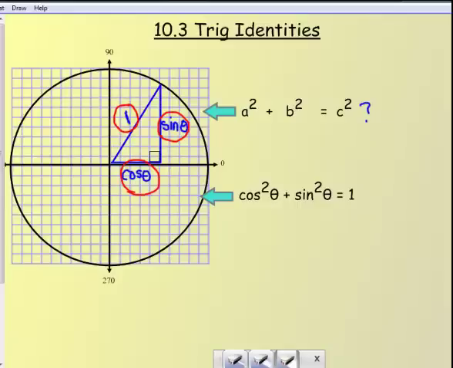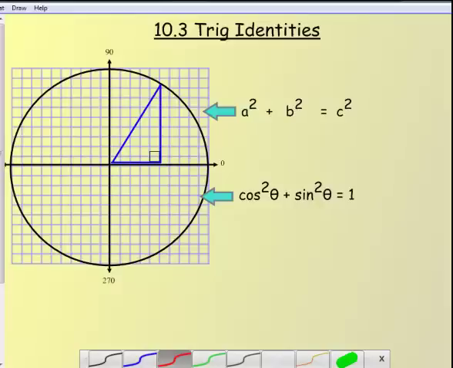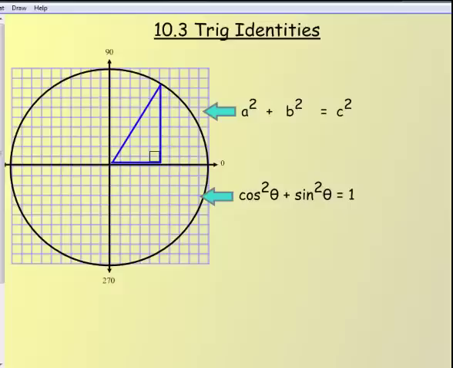So then, of course, we're going to make other formulas off of this formula. For example, if we applied our algebra to this, we could take this cosine squared, move it to the other side, and get sine squared is found by taking 1 minus cosine squared.